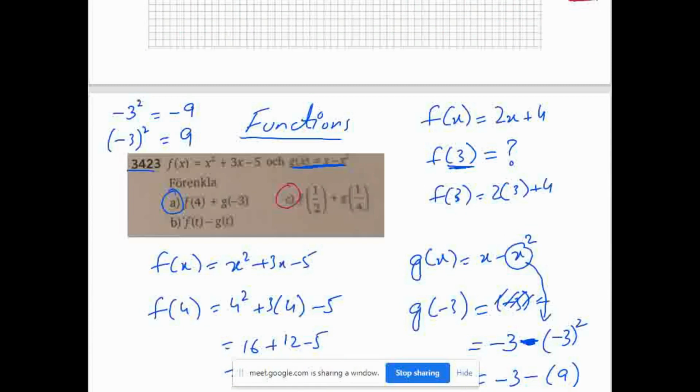Here we can see that we have two equations. Let's do it on the next page, on the fresh page.